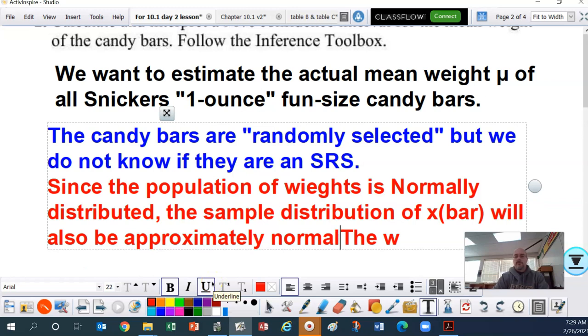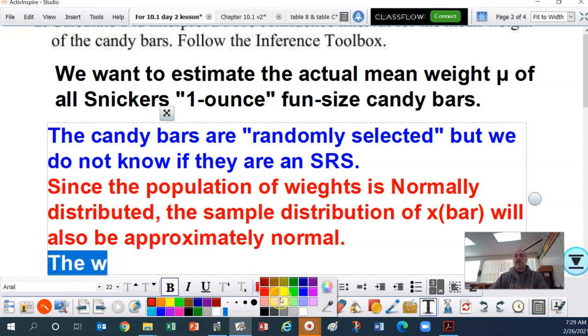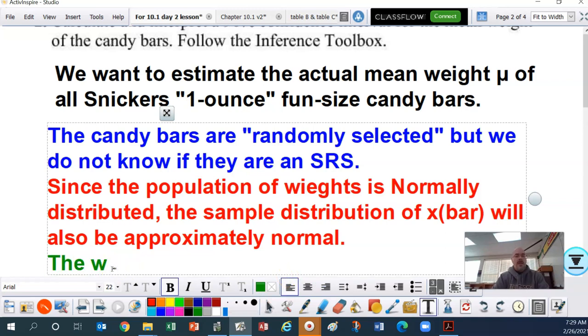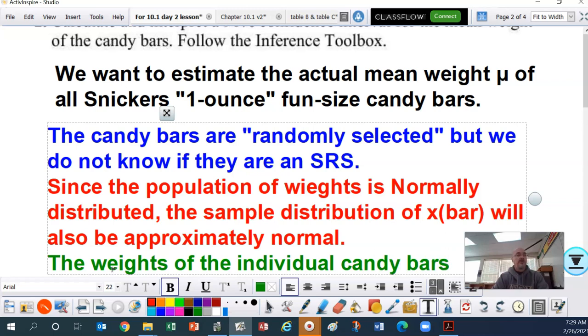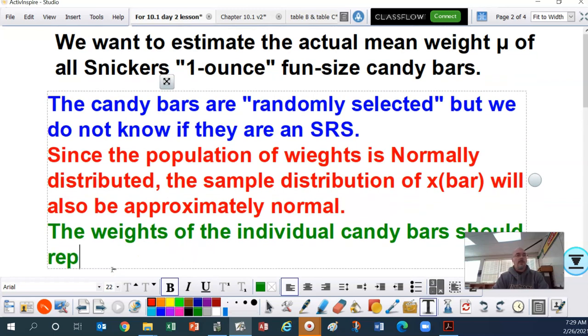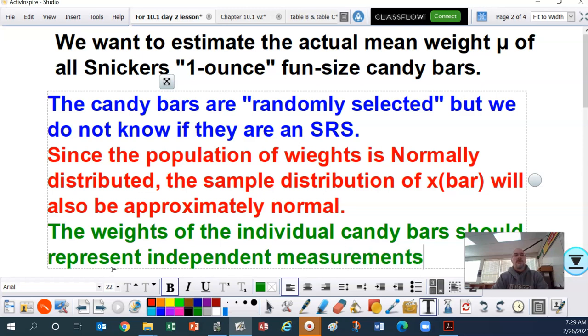The weights of the individual candy bars should represent independent measurements.